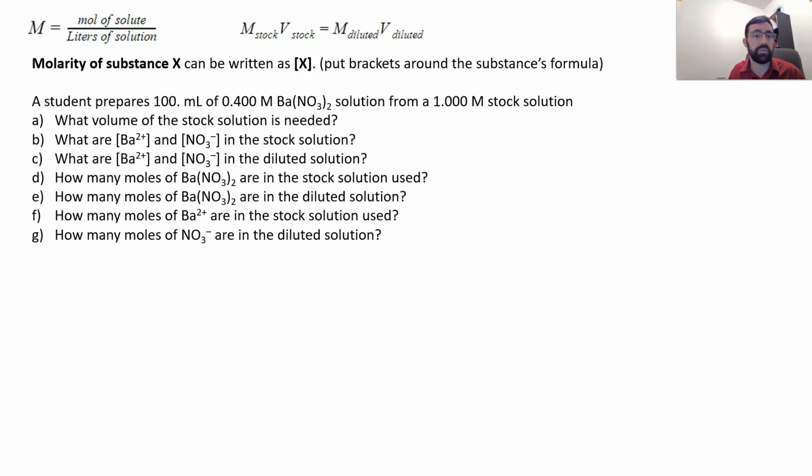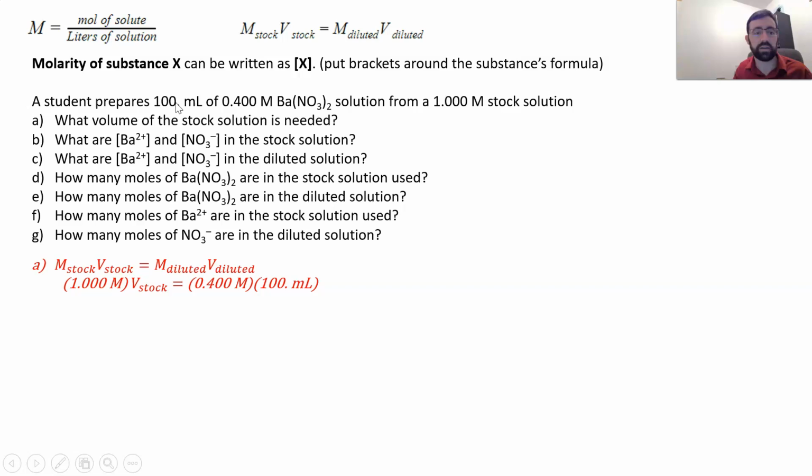The molarity of diluted solution is going to be 0.400, and the volume of the diluted solution will be 100 milliliters. That's what we get right here. Then we would just multiply these numbers, then divide by 1.000 molar to get our volume. It's 40 milliliters, 40.0 milliliters.